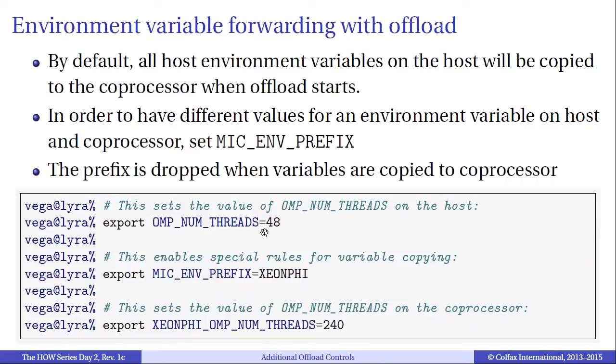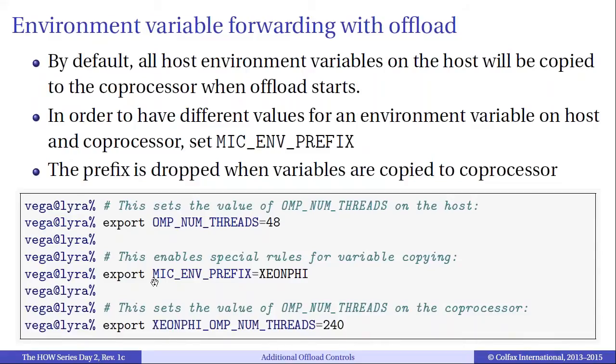This variable controls how many threads I want to run in my application. And this is usually chosen as the number of logical processors or physical cores in your system. So for the host, in my case, I have a host with 24 physical cores. I set this to 48. But if I just do that, then on Xeon Phi, I will also run with only 48 threads instead of 240. So to disentangle the host value and the Xeon Phi value, I use this special variable.